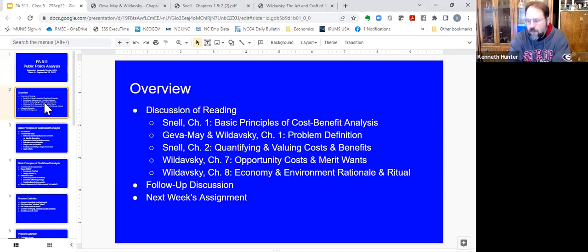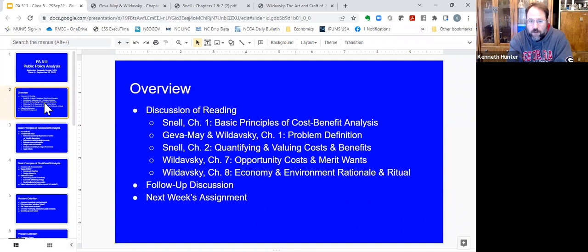So we're going to primarily focus on the reading for this class, which I realize is pretty voluminous. There are the 2 chapters from the Snell text that I assigned. We'll cover the first one, covering the basic principles of cost benefit analysis. Then we will go into chapter 1 of the Jiva and Vildovsky text, which focuses on an operational approach to the work in policy analysis in terms of problem definition.